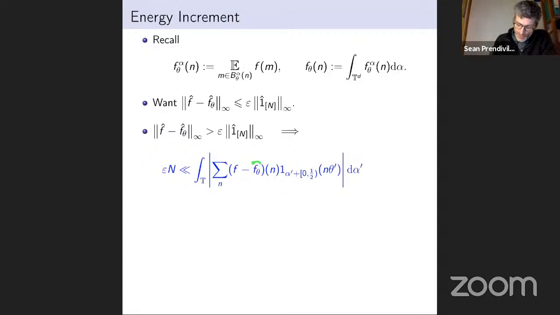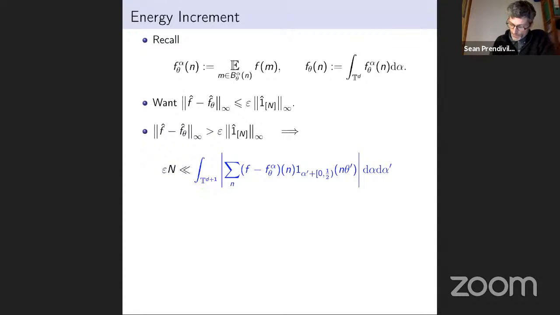Now this f theta encodes an additional integration here. So let's expand in terms of that integration and then take the integration to the outside of our absolute values. Okay, so now we're integrating over a d plus 1 dimensional torus. And we've got two alpha parameters. We've got the d-dimensional vector alpha, and the one-dimensional vector alpha prime.